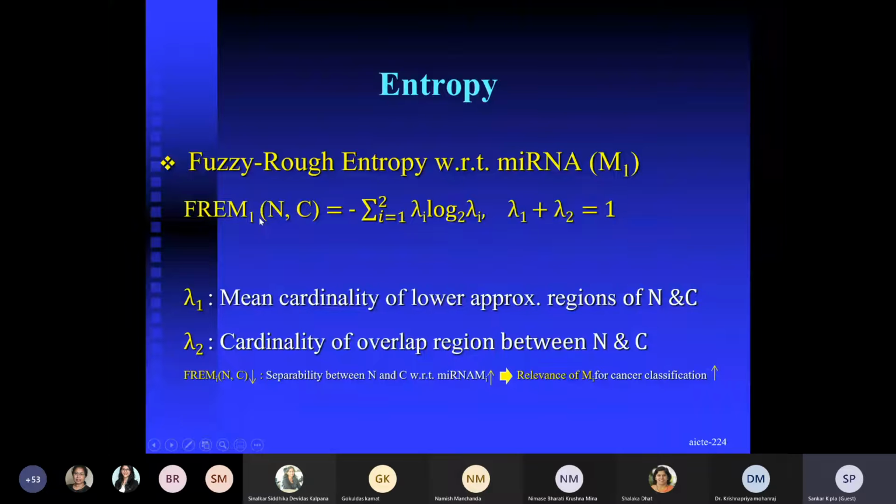So using this expression, I can compute the relevance of each microRNA and then rank them. And then I can take 1%, 2%, depending on my need, of microRNA. I do not need to consider the entire set of microRNA. So that's how you compute the relevance. It's called the relevance of a microRNA.